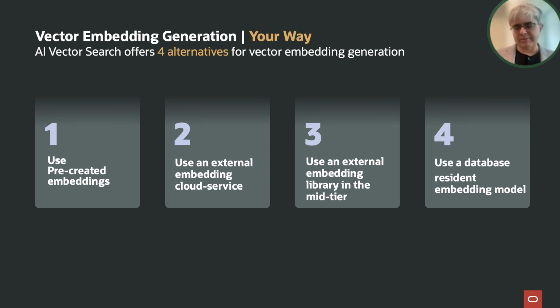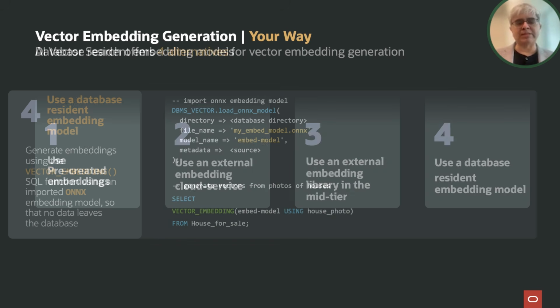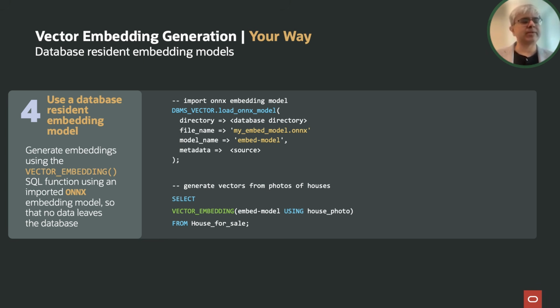An exciting approach is to use a database resident embedding model, where the embedding is actually produced inside the database. So this is what it looks like. We have a VECTOR_EMBEDDING SQL function that can use an embedding model that has been imported into the database.